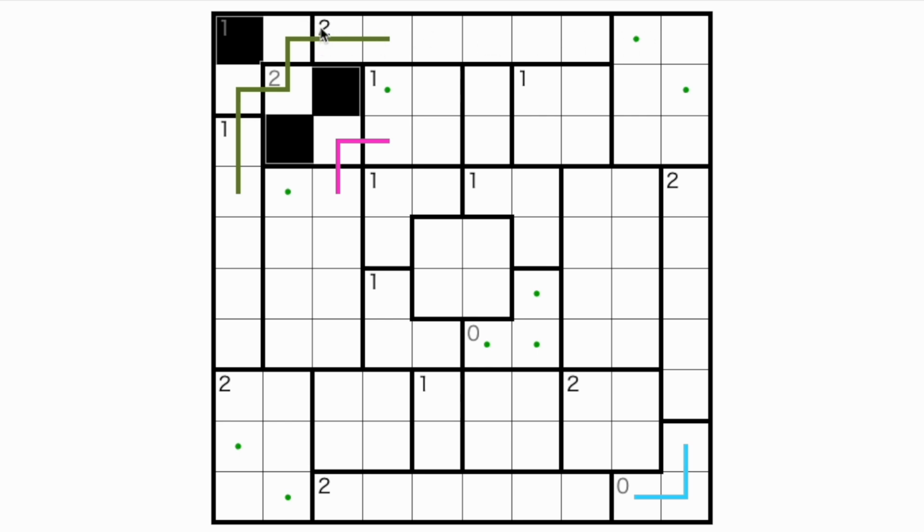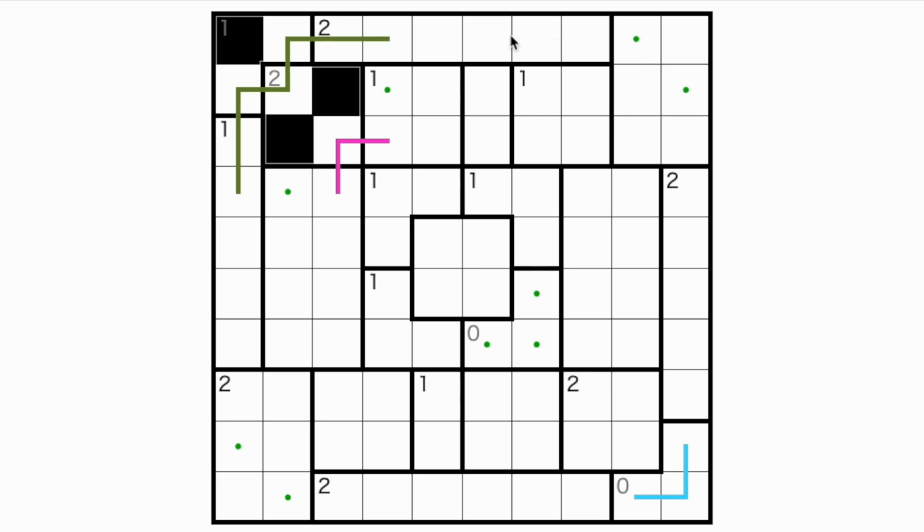fact about Yajilin. If we have, again, along an edge, we can't put the shaded cells too close to the corner. We also can't put them too close to each other, because if any 2 shaded cells were 1 cell apart from each other, then we create a dead end in between.